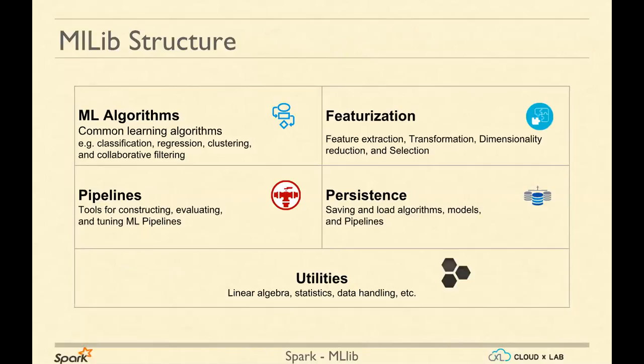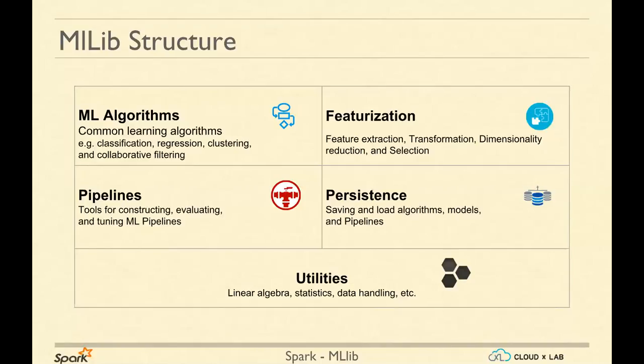Then we have tools for featurization. Let's say you have thousands and thousands of features, thousands of columns, and you want to reduce that. In those cases, you generally use dimensionality reduction. Similarly, we have transformation and other similar tools for handling these preprocessing steps.